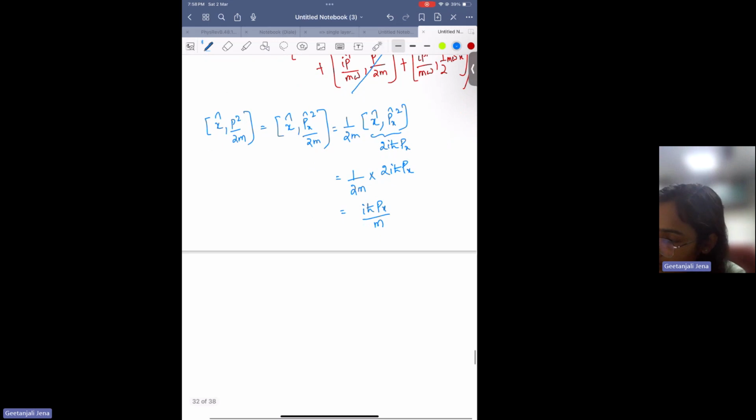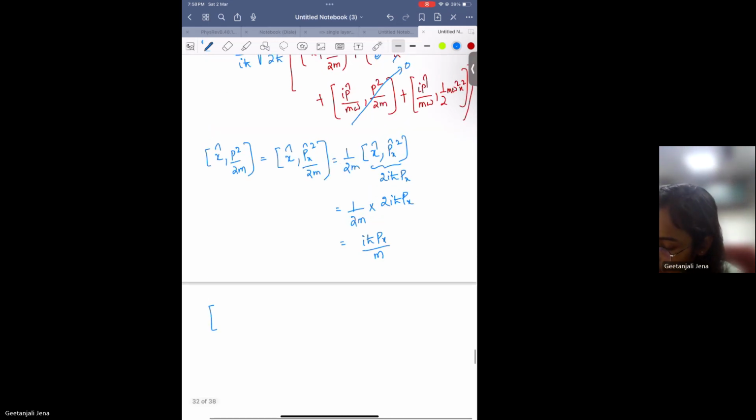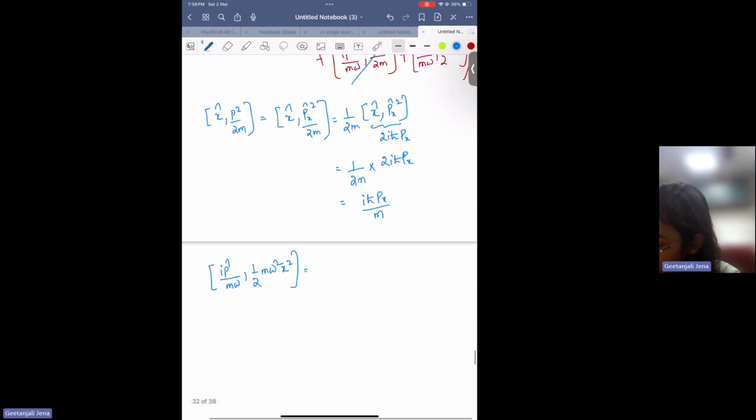Now let's see the second term, which is ip by mω with half mω squared x squared. First, let's take out the constant terms. The remaining is p, which you can write as px, and x squared.